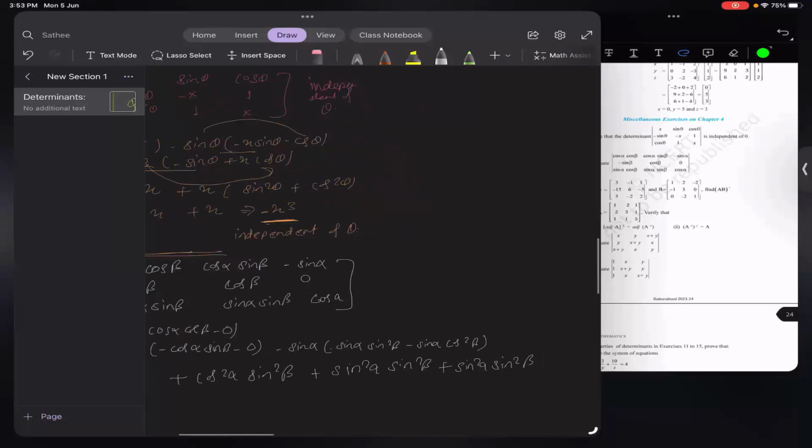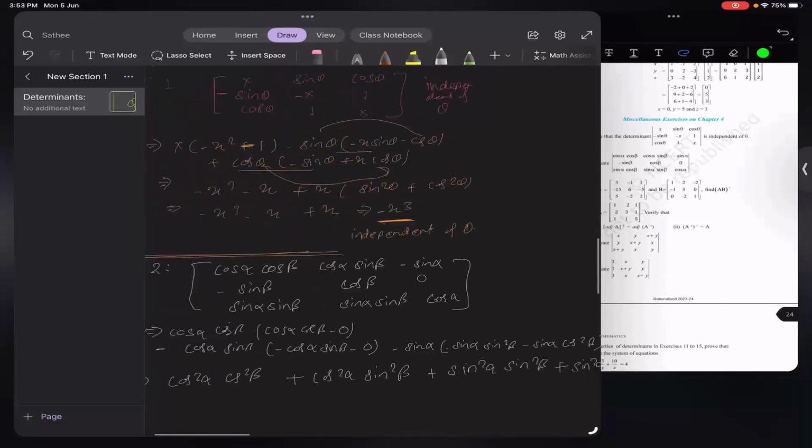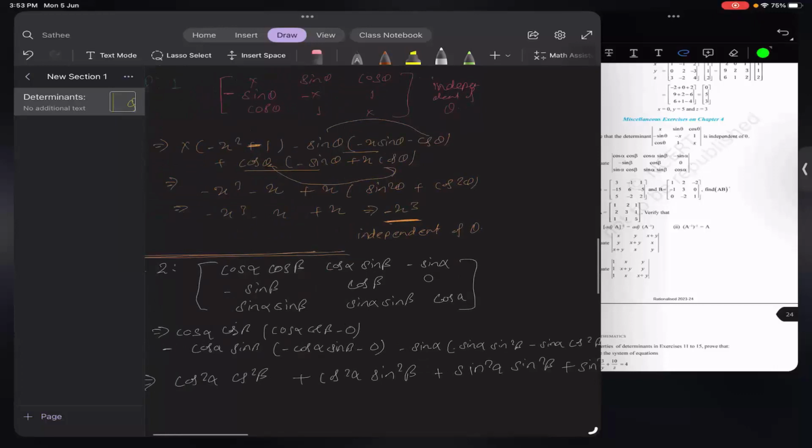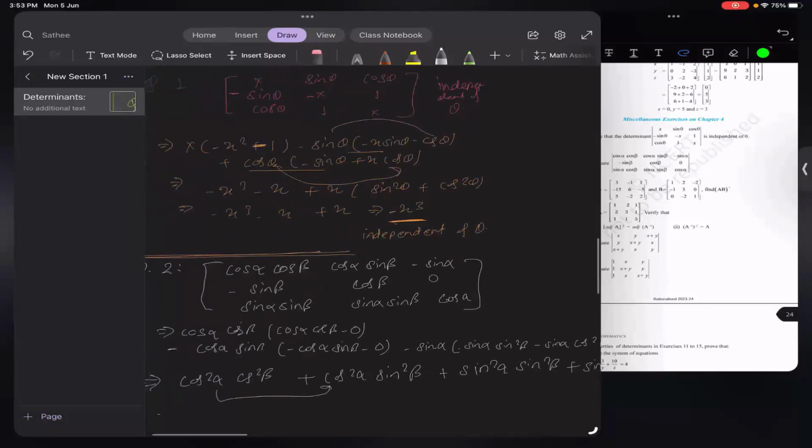Okay, so these would be our terms, and if we take cos square alpha common from these two brackets, we will be finally left with only cos square alpha, because in the bracket there will be cos square beta plus sin square beta. So this would be 1.